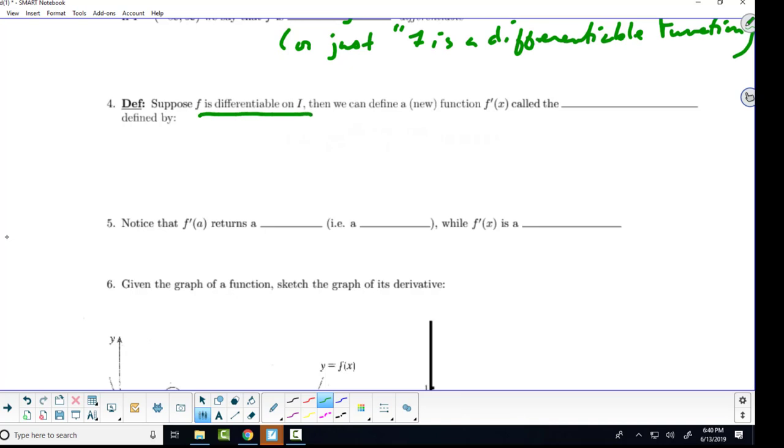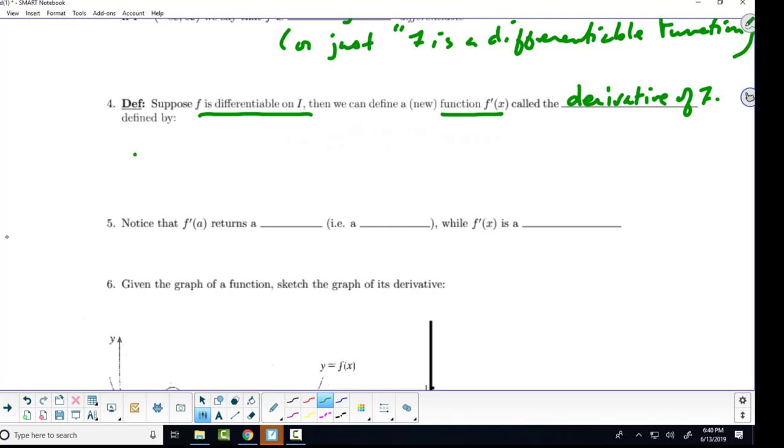Then we define a function, f prime of x, called the derivative of f. Folks, what am I not saying? I'm not saying the derivative of f at x equals 3, or the derivative of f at x equals 27. I'm talking about this new function that's called the derivative. So we're not talking at a point. We're talking about a new function that we can create.